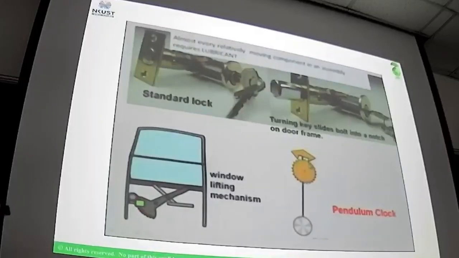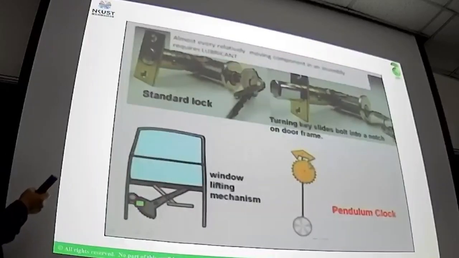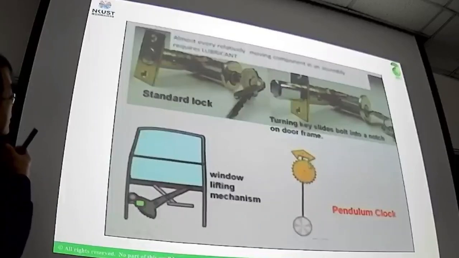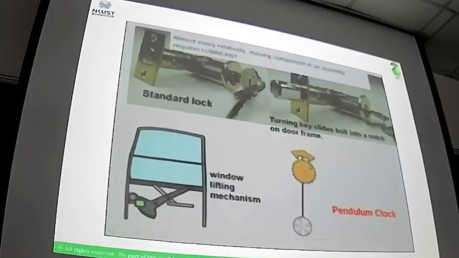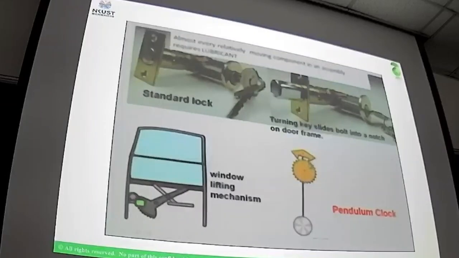So this is one of the designs. Almost every relative moving component in an assembly requires lubricant.